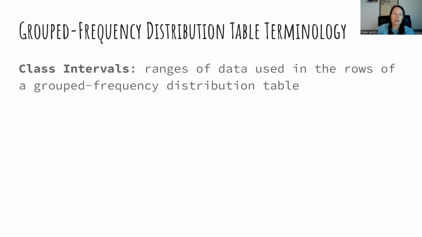So in the previous slides, when I was saying, hey, if I had this exam and we had someone get 100 out of 100, and then we had someone get 0 out of 100 on it, we'd actually probably create a group frequency distribution table for this because we don't want to have 101 different rows. And you're like, but you said it's from 0 to 100.